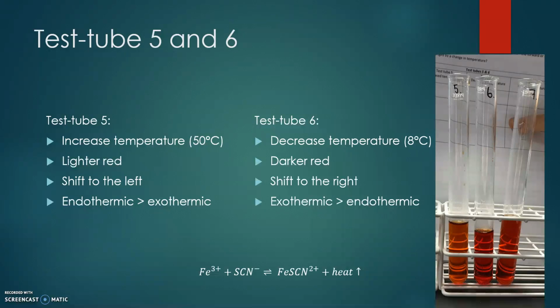On this picture you can see test tubes 5, 6, and 7, and you can compare the colors, where test tube 7 is used as a reference, since nothing has been added to it.